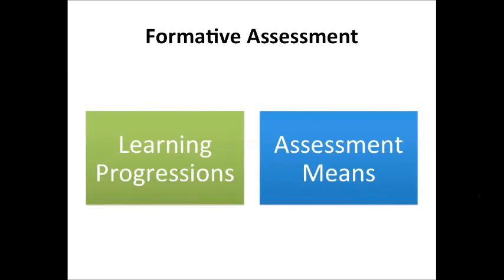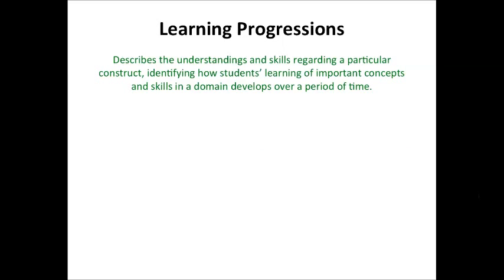So in order to support this formative assessment process for occurring in the K-3 grades, we have been working on developing what we refer to as learning or construct progressions, as well as assessment means. Some of you all have been reviewing our learning progressions and know a little bit about it, but for those who don't, let me make sure that you understand what these are, because those assessment means you'll be reviewing are directly linked to them.